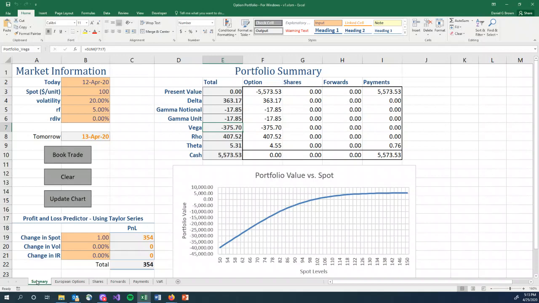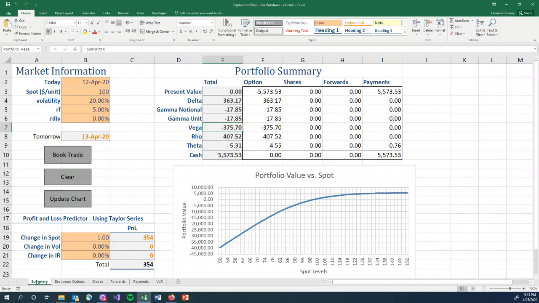Let's think about which direction is bad when the stock moves. This is our delta and gamma. Delta dominates, so we've got a positive delta. So when the stock falls in value, we lose money. Now, when the stock falls in value, what does that correlation do? That correlation is negative, so when the stock falls in value, in general, the volatility increases.